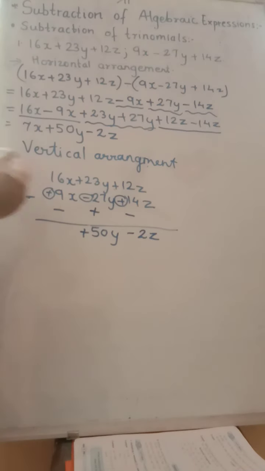Okay. And the next, that is plus minus minus. 16 minus 9, 7x. And greater number sign positive, so it will remain positive. Okay. That is 7x plus 50y minus 2z. So in this way we are going to do the subtraction of the algebraic expression. So now children will begin with the practice set 34.